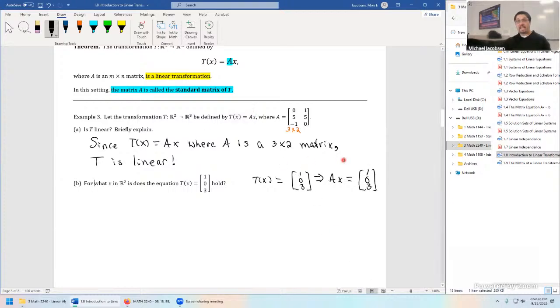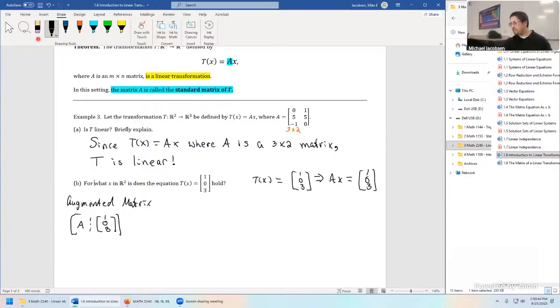That means we can just take this entire matrix equation that we see right here, go into an augmented matrix, and just start row reduction. So here's what it would look like. The augmented matrix is going to be A augmented with 103.